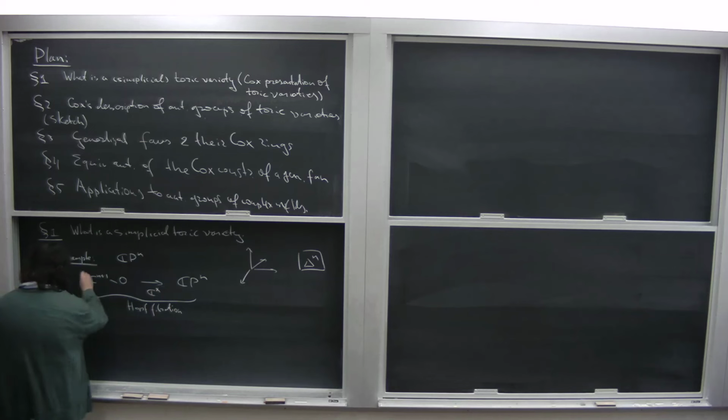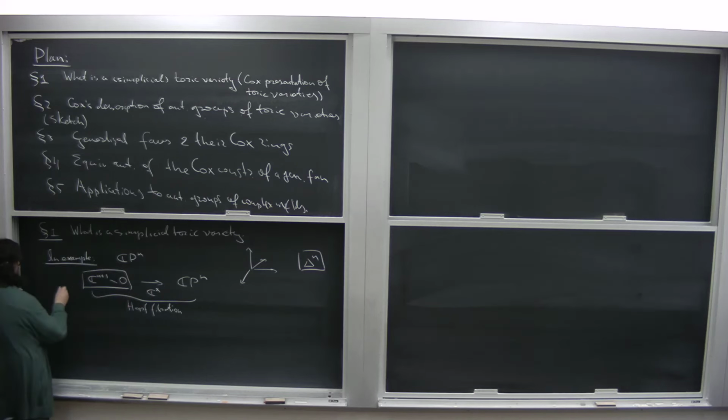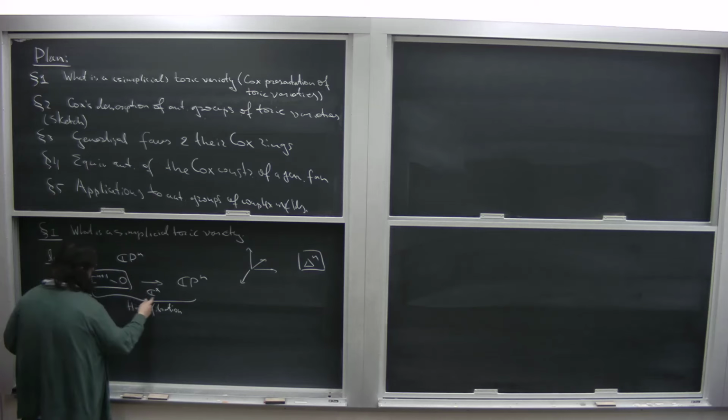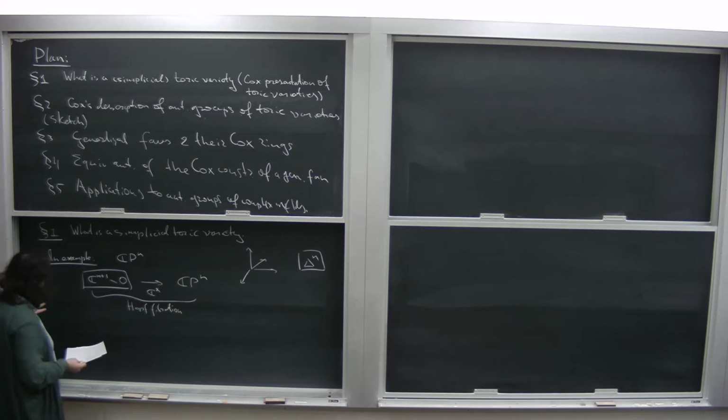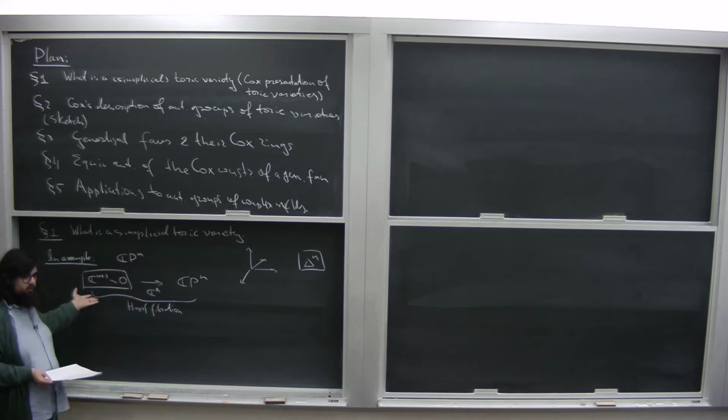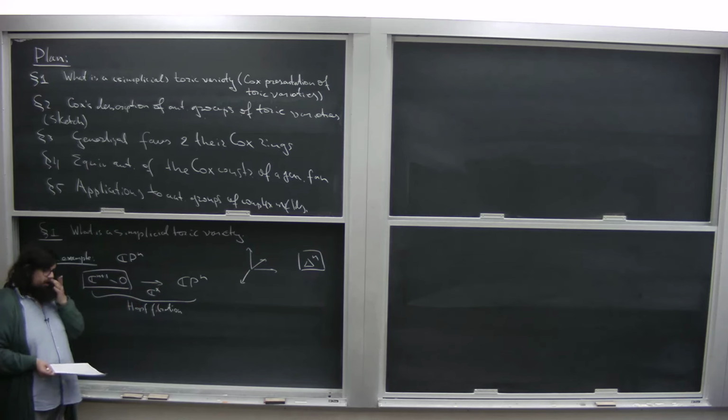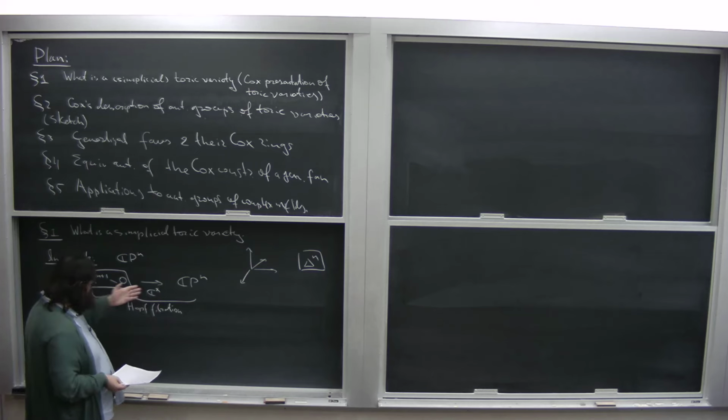Here we have some open subset of the affine space, and we have an action of a subgroup of the large torus that acts on the entire affine space. A very natural way to generalize it is to ask, can we have some other open subsets of the affine space that are also invariant under actions of groups like this? And what are the quotients?